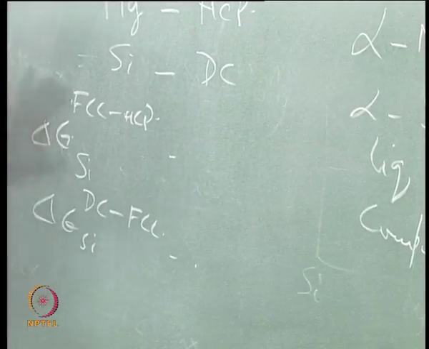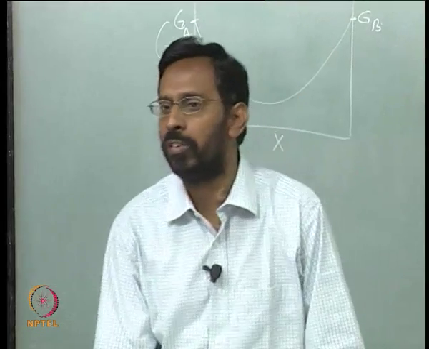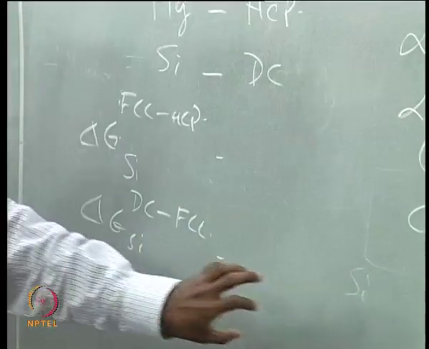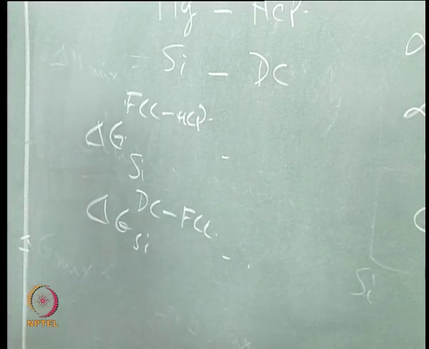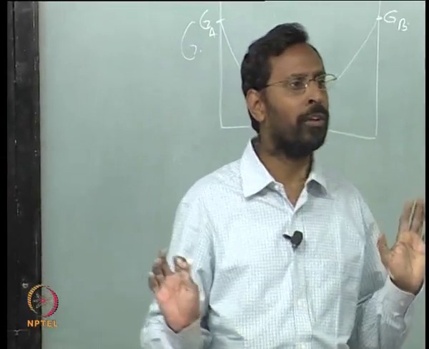Once these values are calculated from first principles, I simply add this value to the actual free energy of the diamond cubic silicon. The free energy that I can calculate from the Cp is the free energy of diamond cubic silicon only.